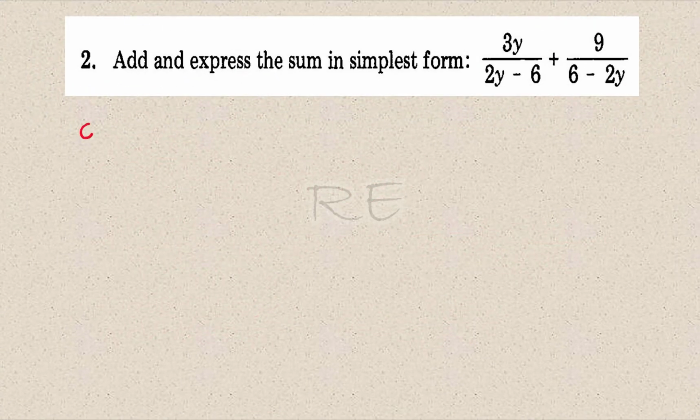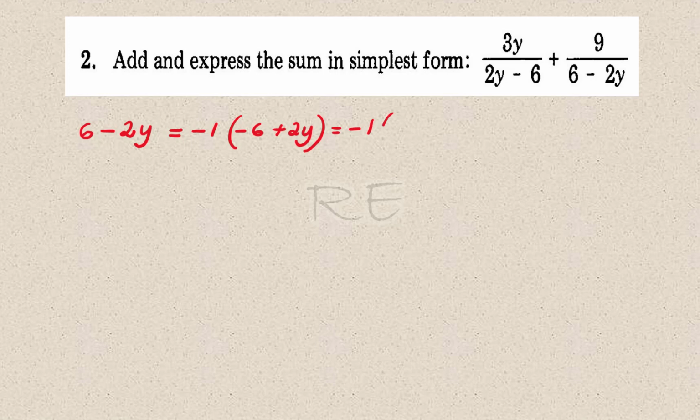For the next problem, we notice that 6 minus 2y, when we factor out negative 1, is really negative 1 times negative 6 plus 2y. When we rearrange the terms, it's negative 1 times 2y minus 6.